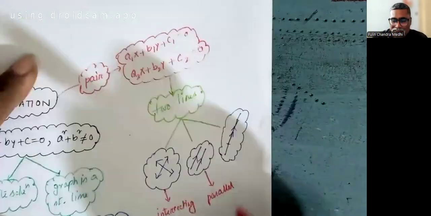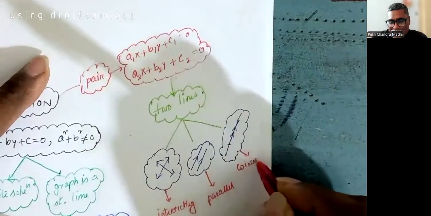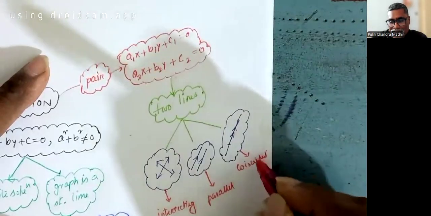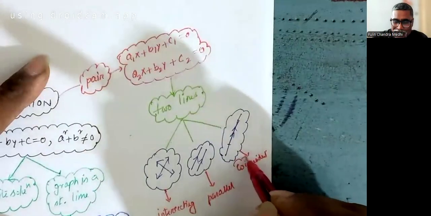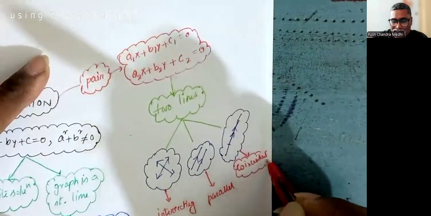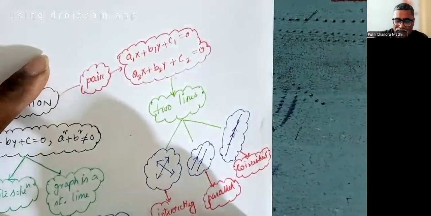And the third one is coincident. You should take a little bigger paper. My paper is smaller here, A4 size, even then it becomes a little smaller. But otherwise you will write small size letters.